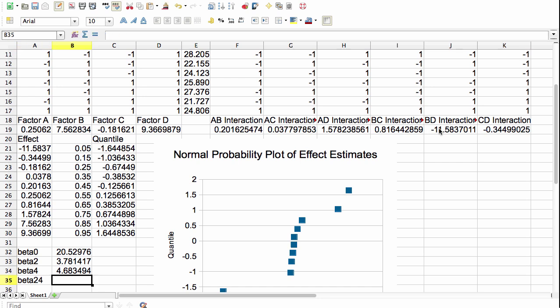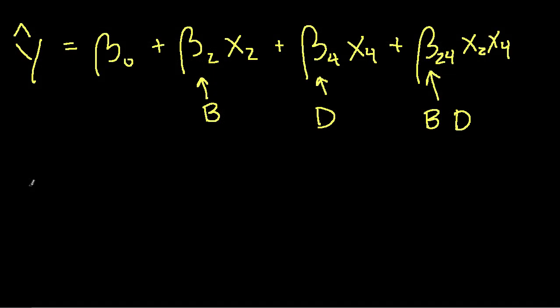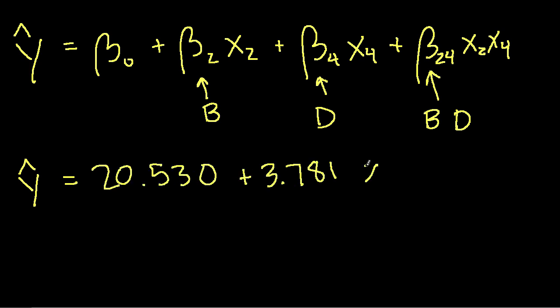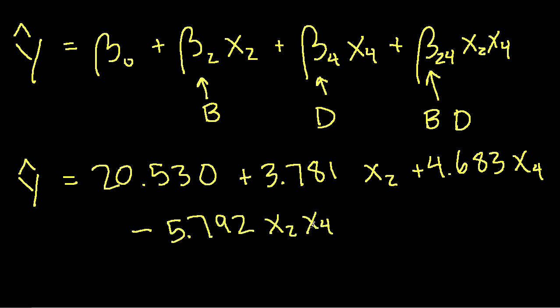Beta 24 is the interaction effect estimate for the BD interaction divided by 2. So I can write out my model as follows. So this is our linear regression model.